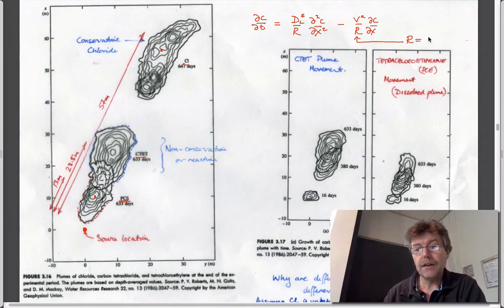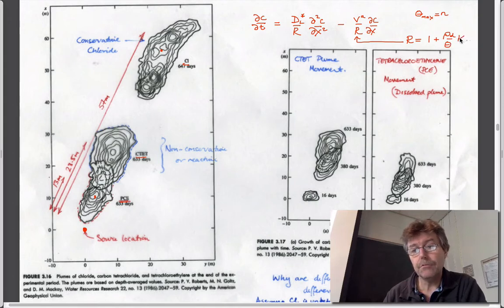It's given by a simple expression, which is 1 for when there's no sorption, plus the bulk density of the aquifer, times KD, divided by the volumetric moisture content, and the maximum value of the volumetric moisture content is equal to the porosity. So porosity is not a bad estimate for that.